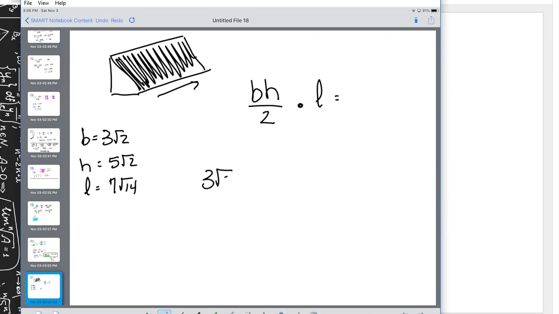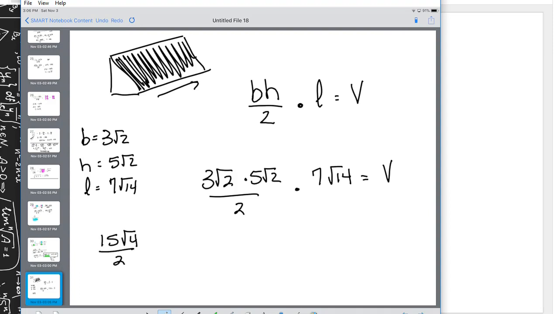So 3 root 2 times 5 root 2 divided by 2 times 7 root 14 equals my volume. 3 root 2 times 5 root 2 is going to be 15 root 4 divided by 2 times 7 root 14. 15 root 4 is the same as 15 times 2 divided by 2 times 7 root 14, which is 30 over 2 times 7 root 14.